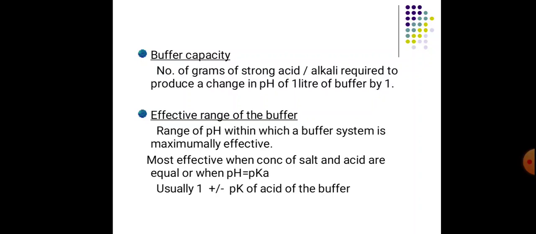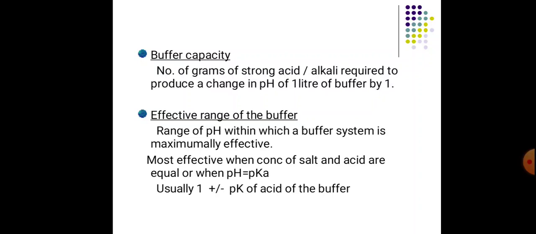Okay, hope you understand. It is the number of grams of strong acid or alkali which produces a change in pH by 1. The pH of what? The pH of 1 liter of buffer.